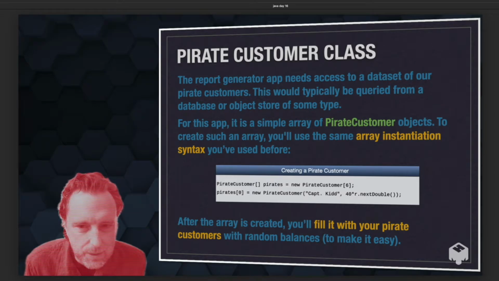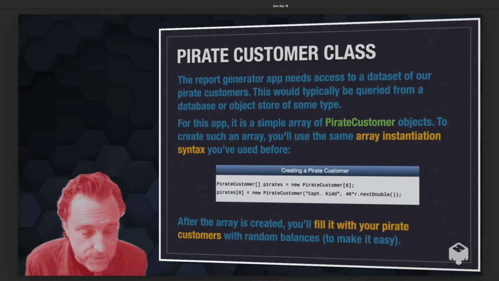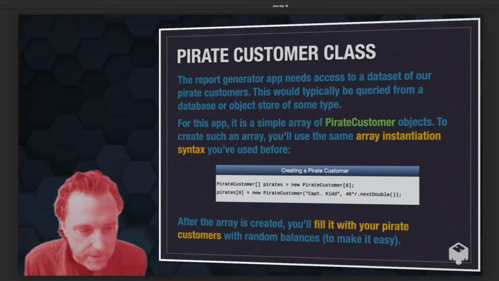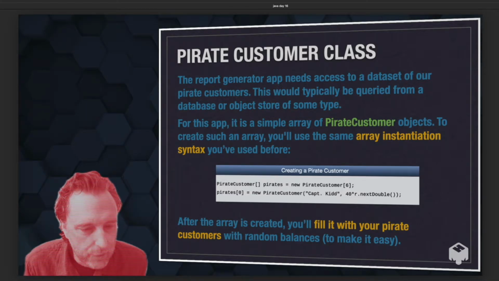So the PirateCustomer class would be used to create PirateCustomer objects. To create PirateCustomer objects, we'd use the new instantiation syntax, just as we would to create objects of any class type. We're going to create an array of PirateCustomers.